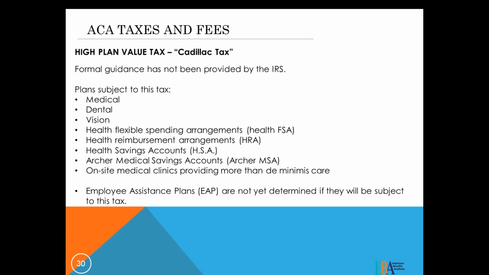So more on the Cadillac tax. The IRS has not provided formal guidance, but generally speaking, when we talk about covering people, the Cadillac tax includes medical, dental, vision, and health FSAs, including employee contributions. Remember, you can contribute up to $2,550 to a health FSA.